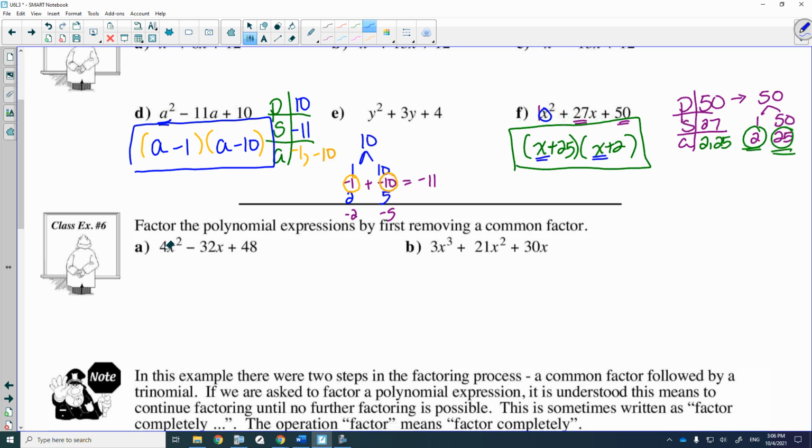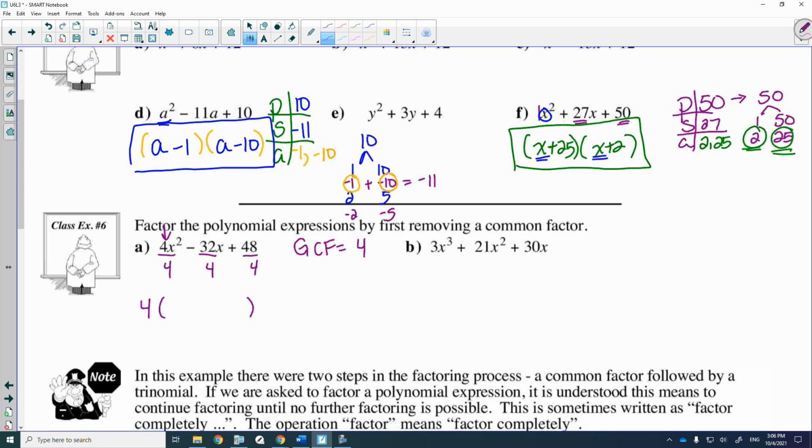So what has to happen is we are going to be first factoring by GCF. The GCF is going to be the number in front of the x squared, which is 4. Watch what happens if we factor by GCF. So take your 3 terms, divide each term by 4. Remember your GCF goes in front of your bracket and your answer goes in the bracket.